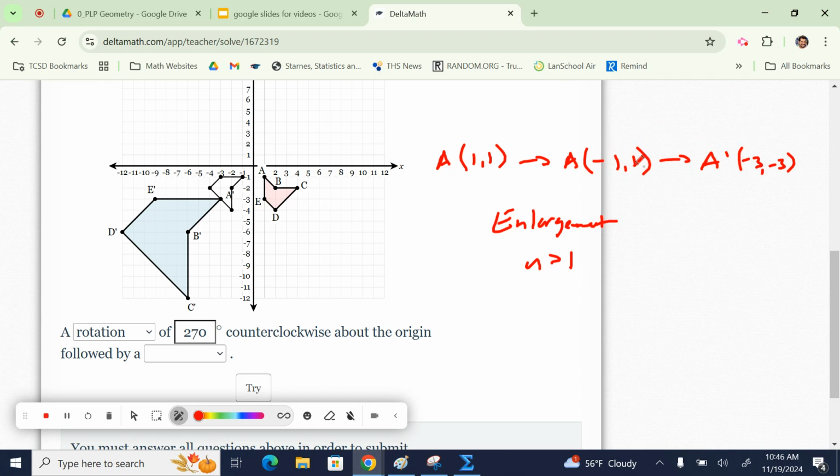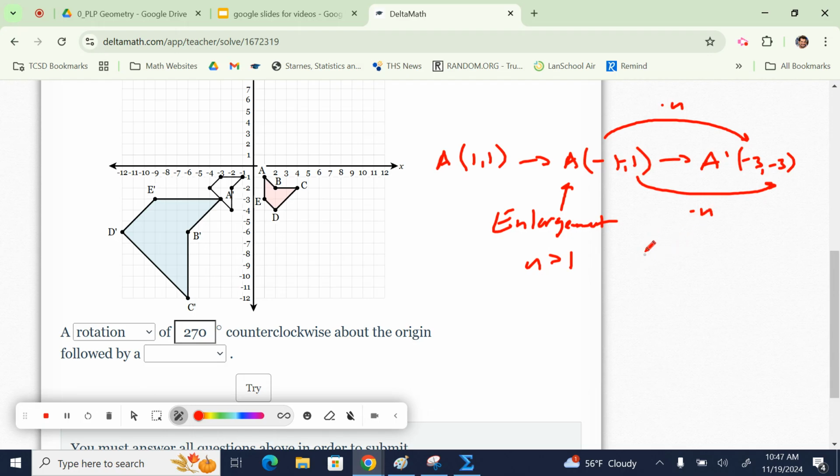So the question is, I apologize, 1 second. Let's go back to here. A moved to negative 1, negative 1. So I apologize, this should be negative 1, negative 1. Now the question is, what number must I multiply them by to get from negative 1 to negative 3? What scale factor must I multiply by?